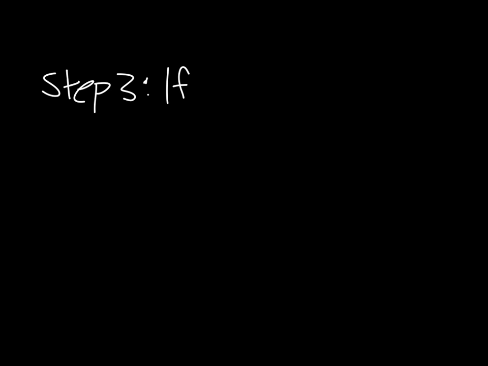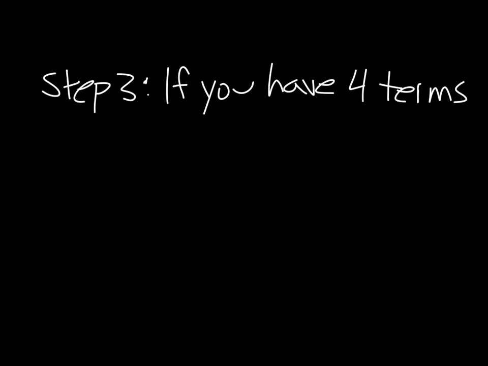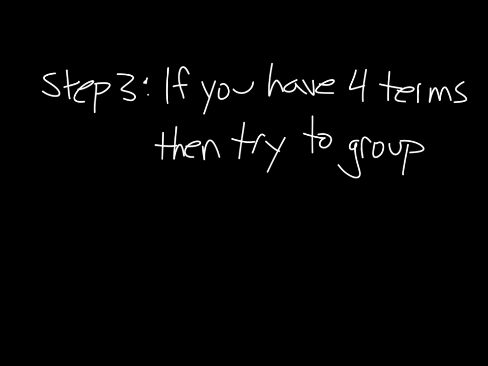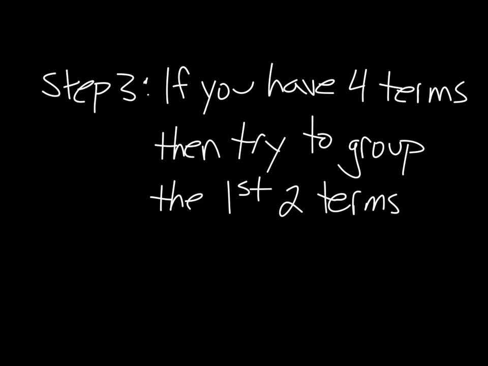So if you have 4 terms, right after you count them up, you're going to try to group the first 2 terms together and group the last 2 terms together.